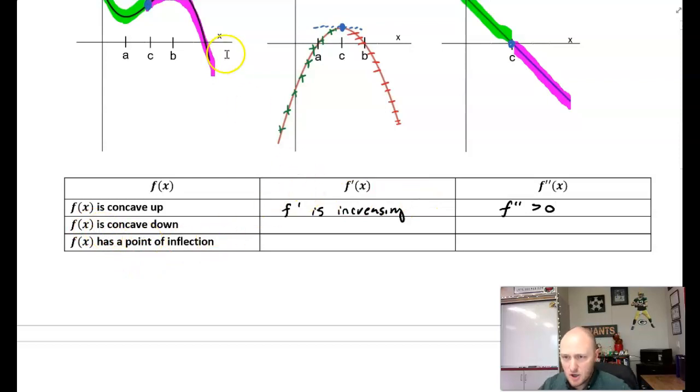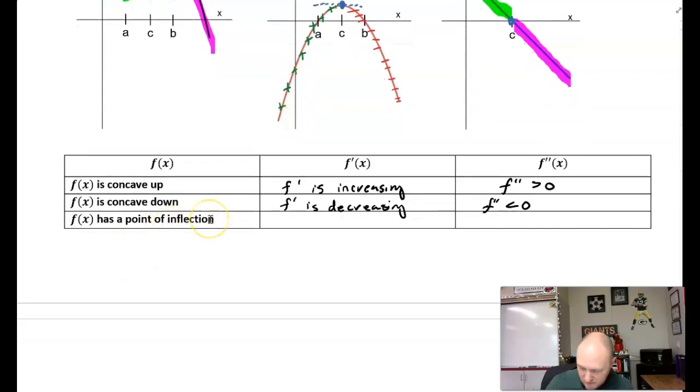If f of x is concave down, then f prime is decreasing, and f double prime is less than 0. And if f of x has a point of inflection, then f prime has a max or a min, and f double prime is equal to 0 and changes signs.